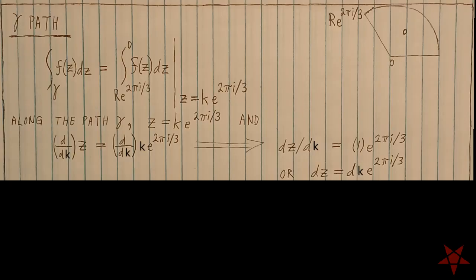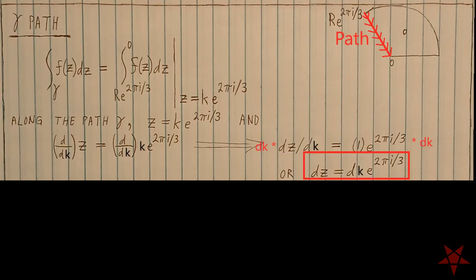Along the path little gamma, we will represent the variable z as k times e to the power of 2i pi over 3. Along this path, the variable k shifts between the values of capital R and 0. If we take the derivative of z with respect to k, we find that the derivative has a constant value of e to the power of 2i pi over 3.